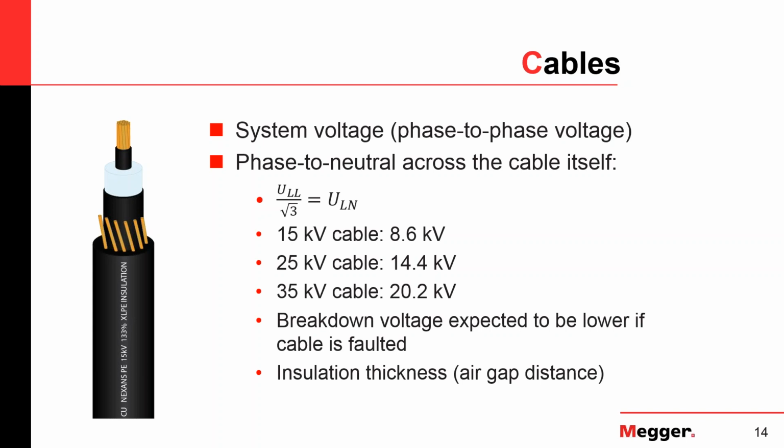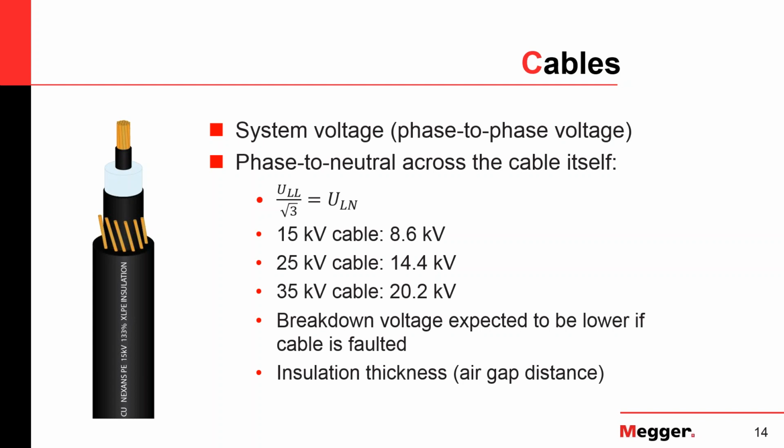Now, when you have a fault, you expect that when you apply voltage to the cable, this breakdown voltage, as we call it, is lower than this operating voltage, because whatever made the cable fail the night before, the day before, the week before, you expect this to be less, because it should have been good for the operating voltage.